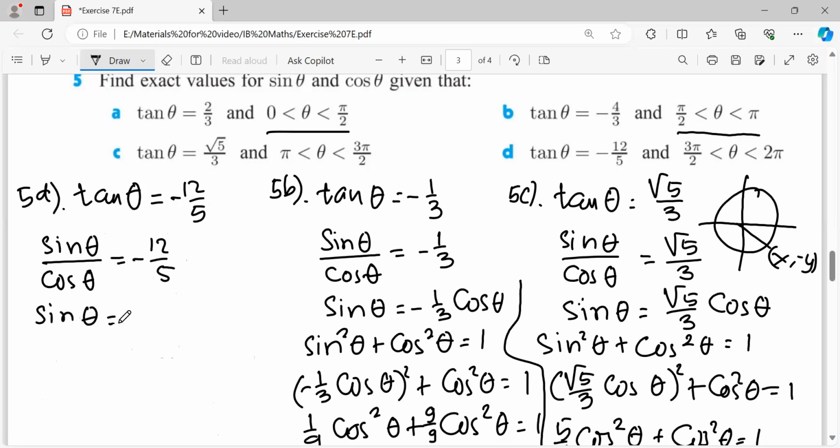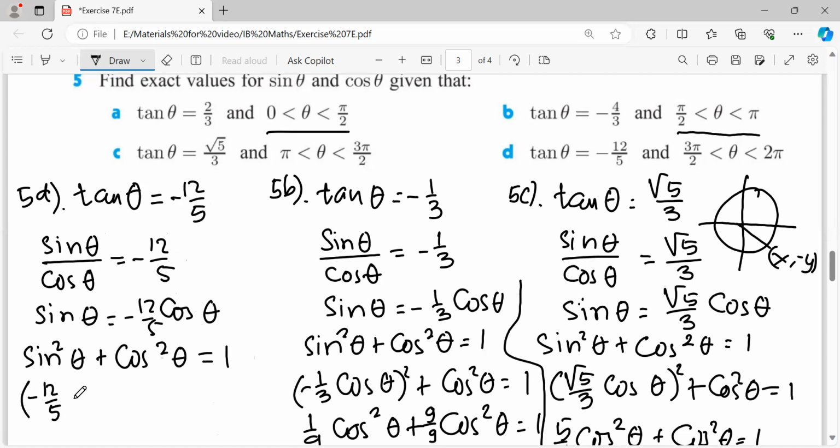So sine theta equals negative 12 over 5 times cosine theta. Back to the equation, sine squared theta plus cosine squared theta equals 1. Substitute: negative 12 fifths cosine theta squared plus cosine squared theta equals 1.